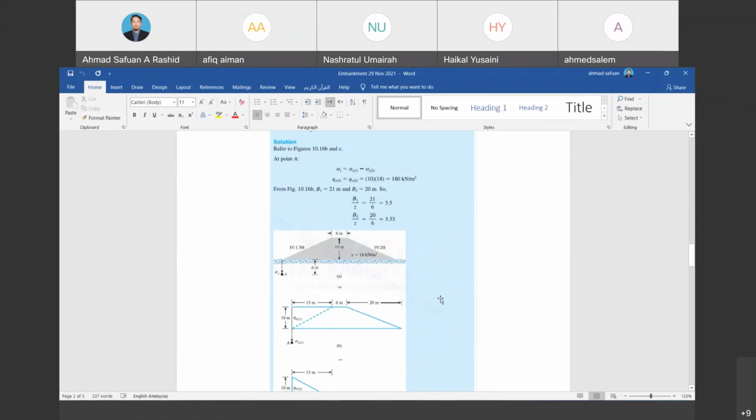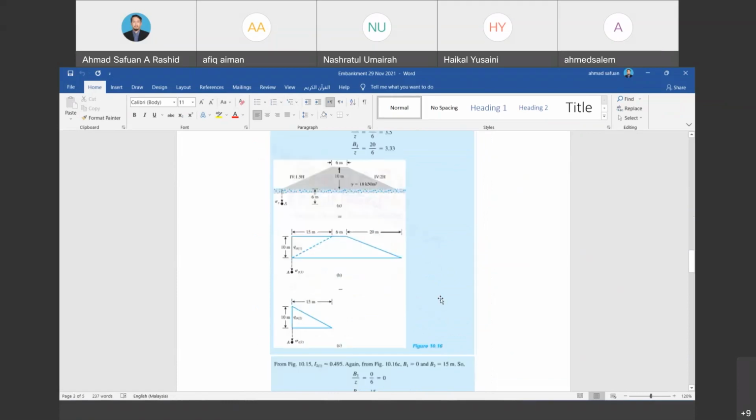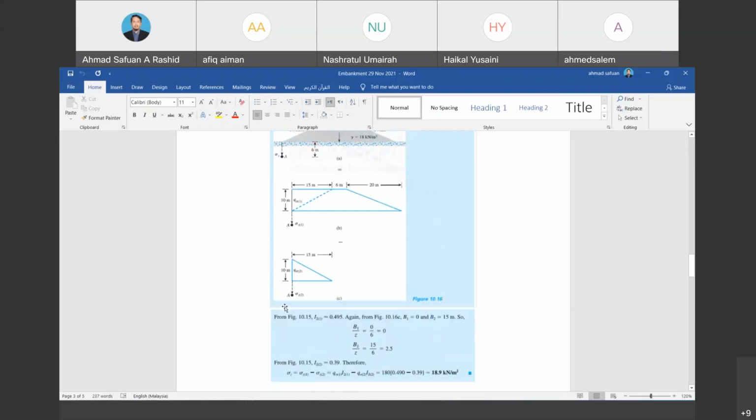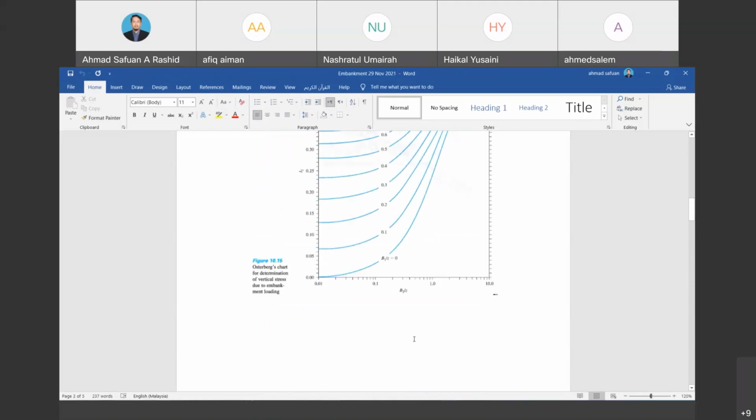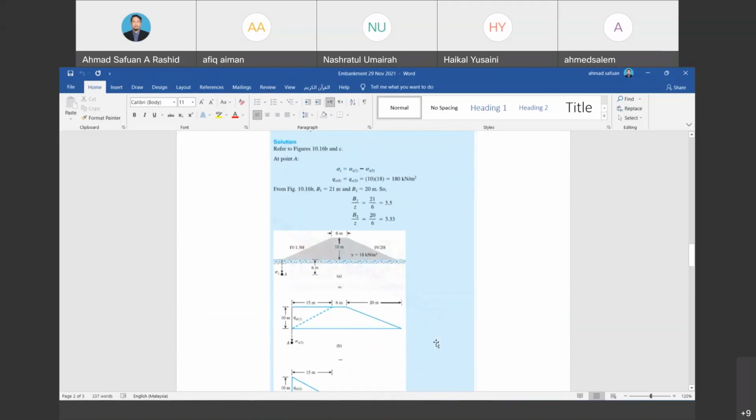Now we look at the 1016C. For the 1016C, with B1 equal to 0, divided by Z equal to 6, it becomes 0. Then for the 15 over 6, the B2 over Z will become 2.5. When we look at this diagram, B1 over Z is 0, B2 over Z is 2.5.